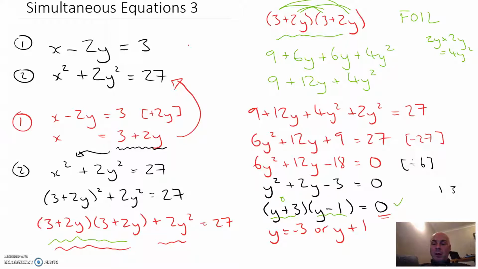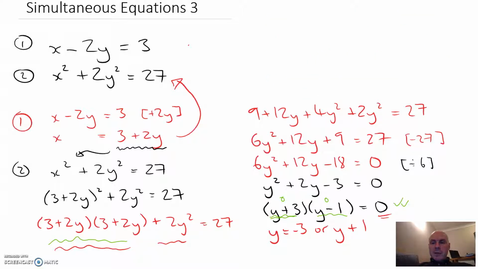Or if this one's 0, 0 times whatever this bracket is gives 0. So the key thing is one of those brackets has to be 0. To make the bracket y plus 3 be 0, if it helps we can write it out, y plus 3 equals 0, we can see that y has to be negative 3. So really we're just looking for the number in there and then swapping the sign. y is negative 3 or y is plus 1.